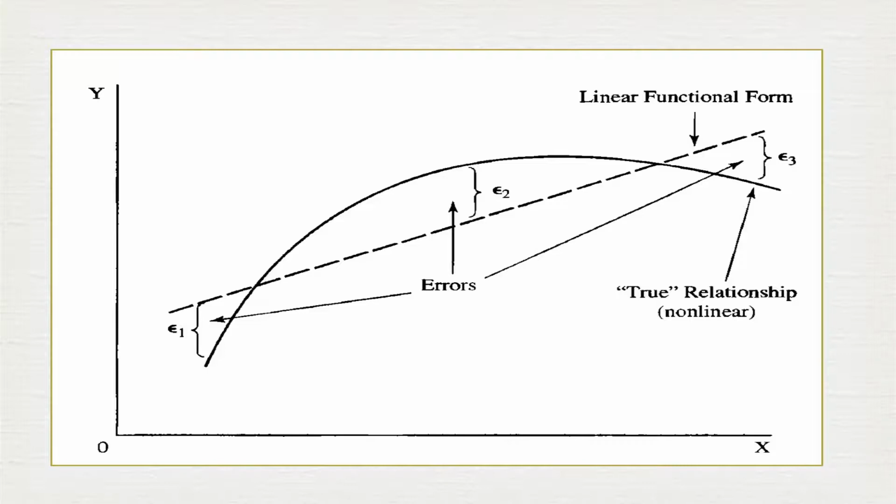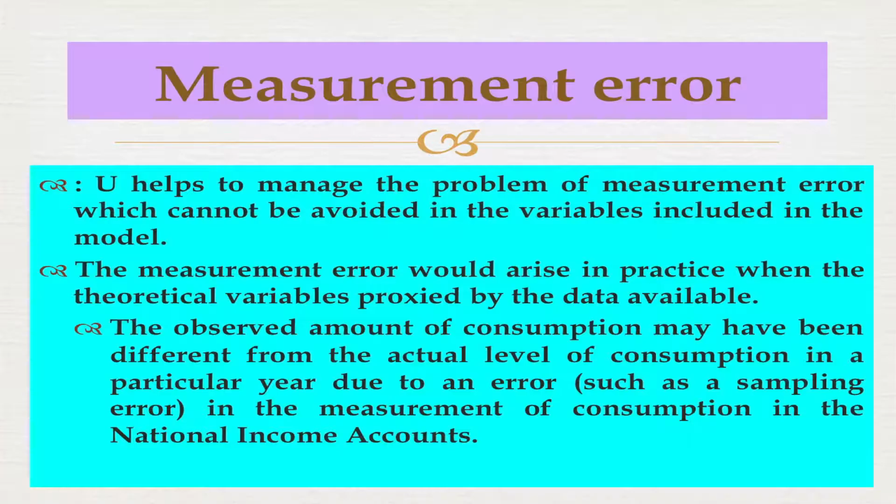Another possibility is, let us say fifth, measurement error. U helps to manage the problem of measurement error, which cannot be avoided in the variables included in the model in the economics context. The measurement error would arise in practice when the theoretical variables are proxied by the data variable.